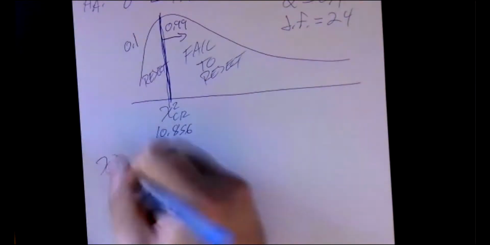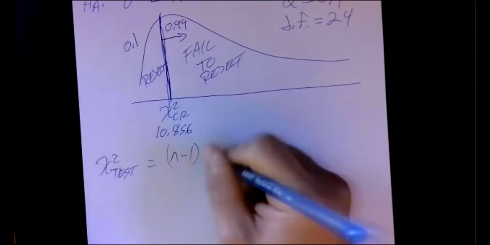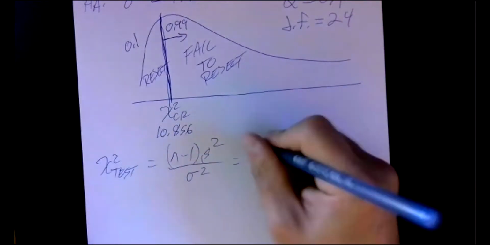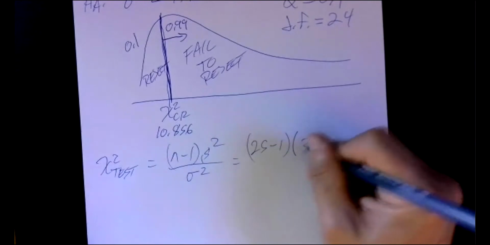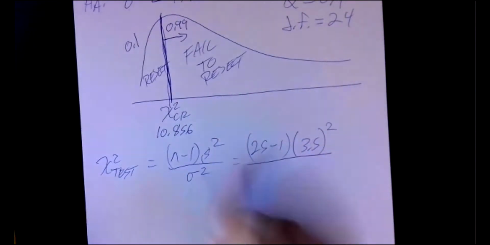Let's find the test statistic. N minus 1 times S squared over sigma squared. N is 25. Sample standard deviation is 3.5. Population standard deviation is assumed from the claim.